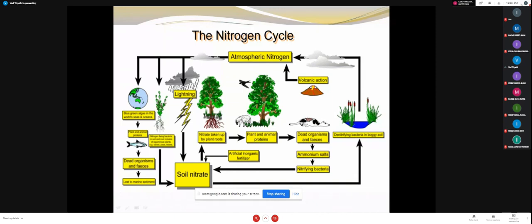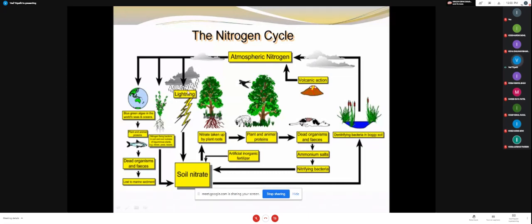Okay. And there are some nitrogen-fixing plants, which can harbor the nitrogen-fixing bacteria in the soil near the root, and they are also fixing the nitrogen as nitrates. Okay.